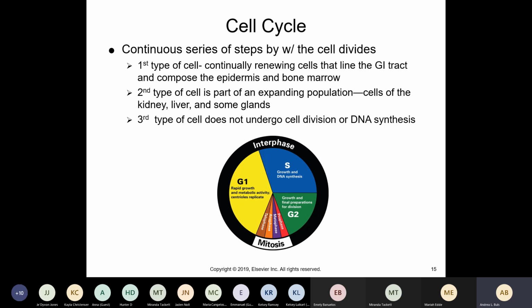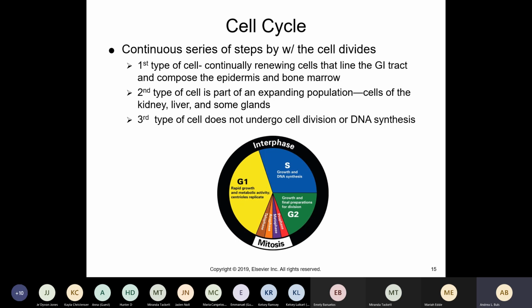In G1, there's rapid growth and metabolic activity, and centrioles are replicating. In the S phase, it is important to know that that is when DNA is being produced. And then in the G2 phase, growth and final prep for division is happening. So it's kind of resting, getting ready for mitosis.